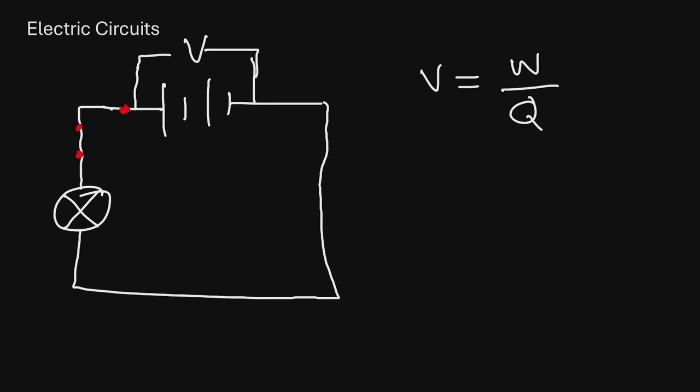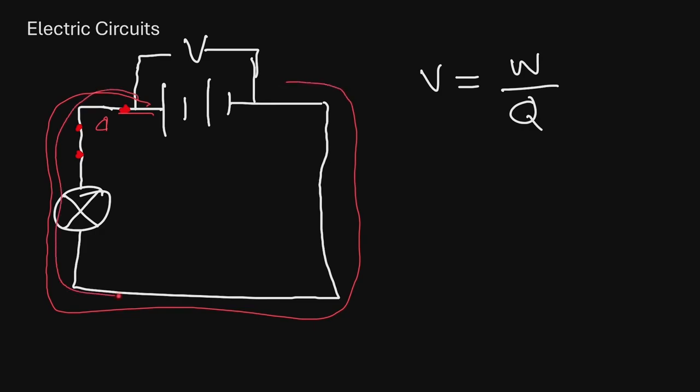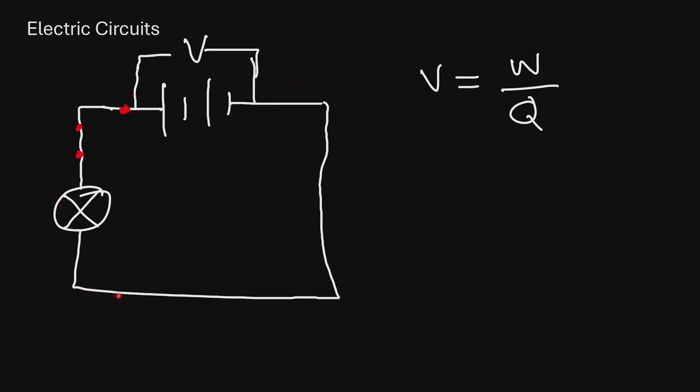So the purpose of the battery is to give energy to the charges so that they can flow. And then once we have the flow of charges through the circuit, we are going to have electricity. So the voltage is the energy that allows each charge to flow through the wire.